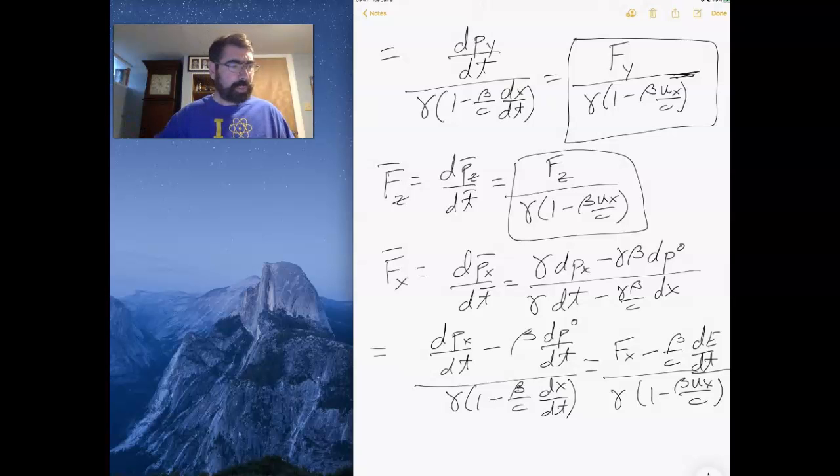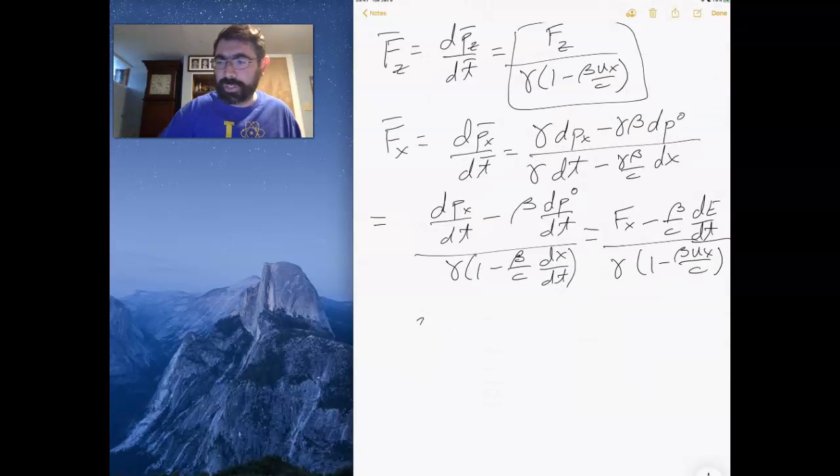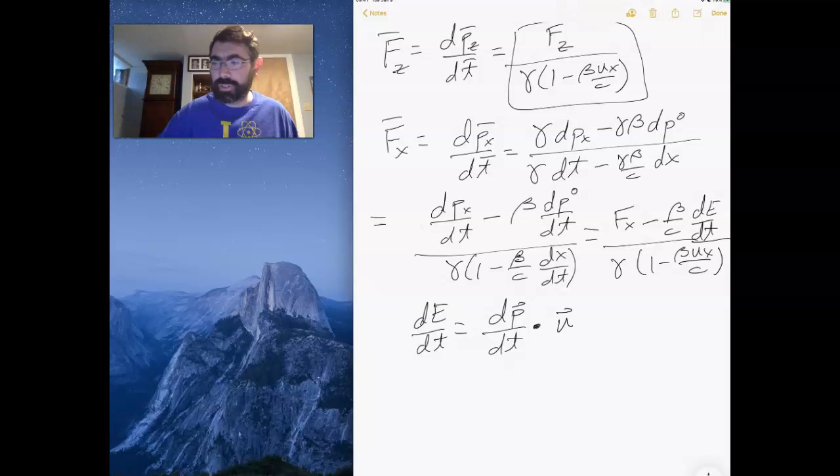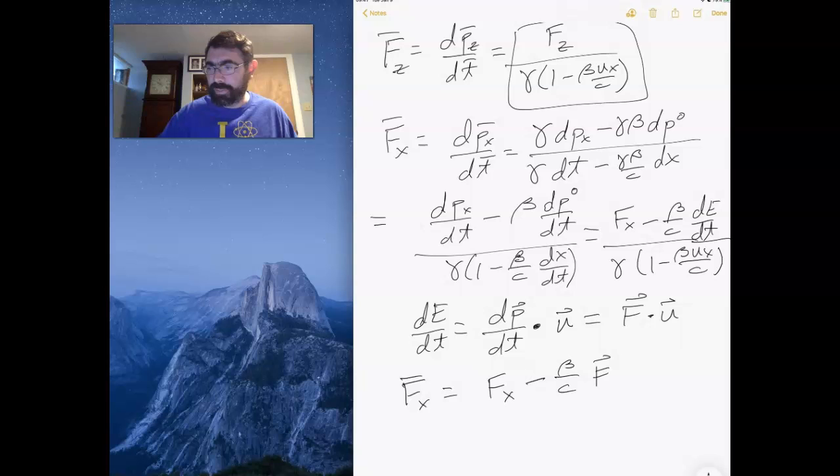Okay. Which then I can rewrite with dE/dt as the force dotted into the velocity, which now tells me that the x component of the force is the x component in the other frame minus beta over c times essentially the power, divided by gamma times 1 minus beta ux over c.